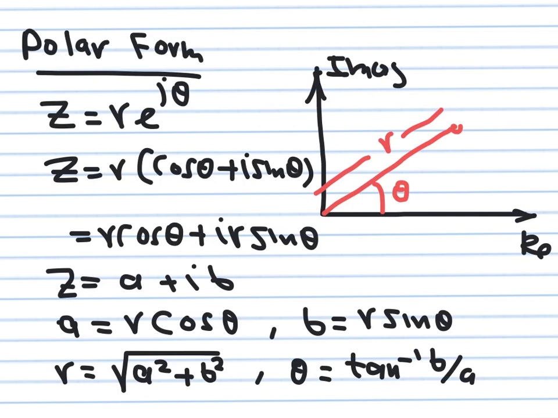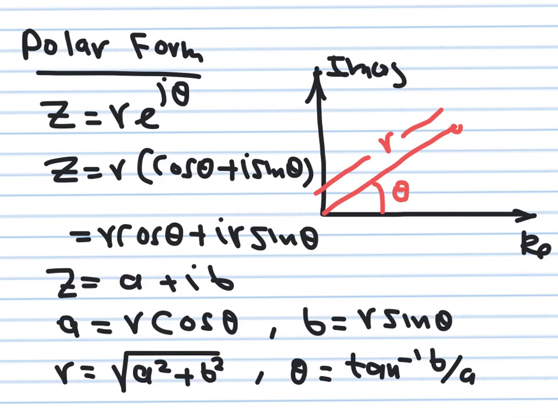And if you take the square of a and take the square of b, this will give you r squared cosine squared theta. This will give you r squared sine squared theta. If you sum them, you get r squared. So we know that the modulus is the square root of the real part squared plus the imaginary part squared for any complex number.